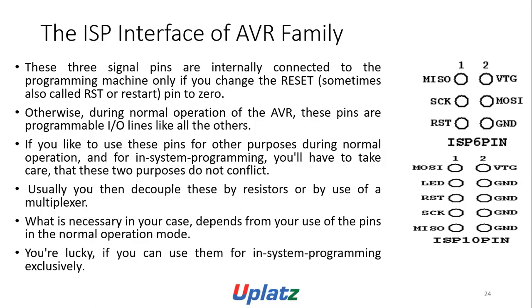If you like to use these pins for other purposes during normal operation and for in-system programming, you will have to take care that these 2 purposes do not conflict. Usually, you decouple these by resistors or by use of a multiplexer. What is necessary in your case depends on your use of pins in the normal operation mode. You are lucky if you can use them for in-system programming exclusively. The ISP6 pins are shown in the figure.